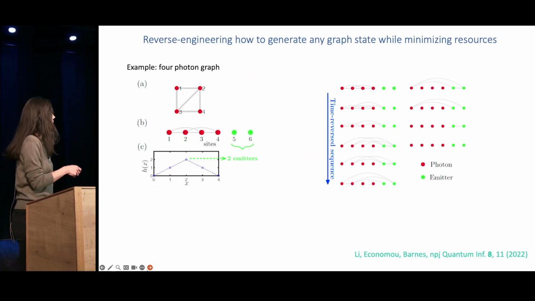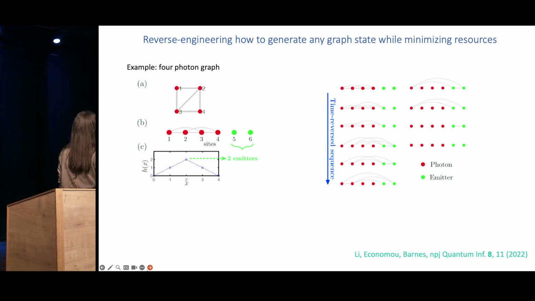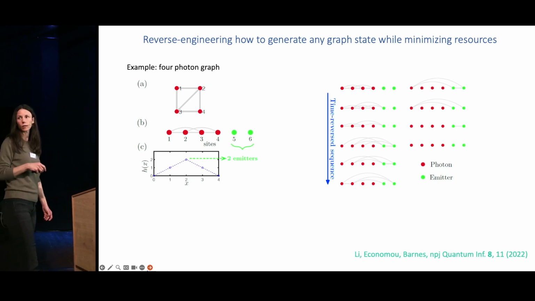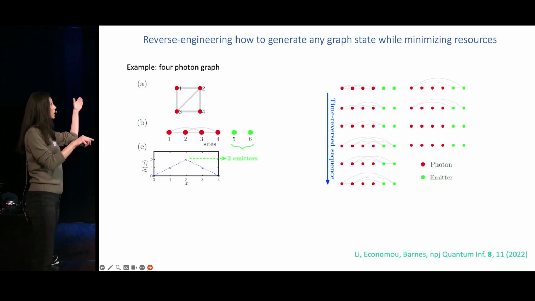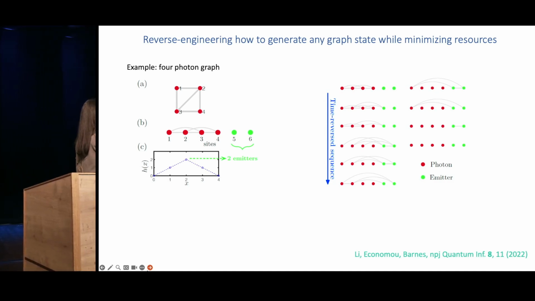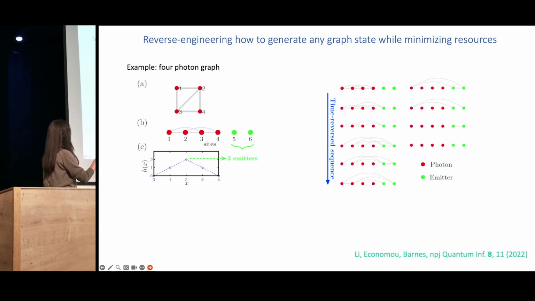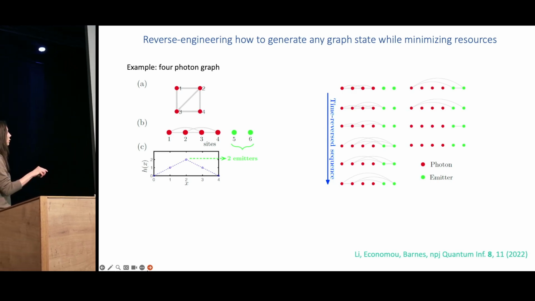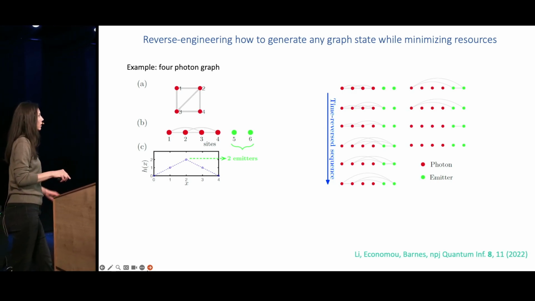So let me show you just a reference and the general idea. I start from the photonic graph state I want to create. And then I measure, there's a quantity that's called the height function, related to the entropy. And I look at the entropy between every part. And the maximum of this function tells me how many emitters I need.